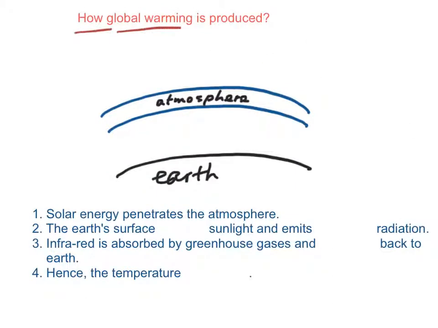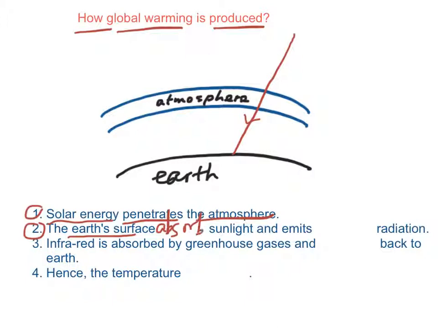How is global warming produced? First, solar energy penetrates the atmosphere. Next, the Earth's surface absorbs the sunlight and emits infrared radiation.